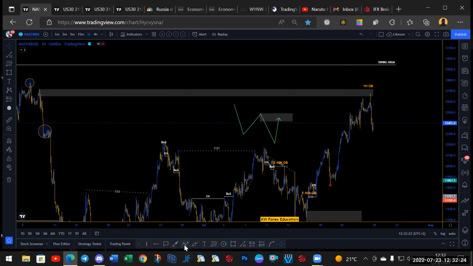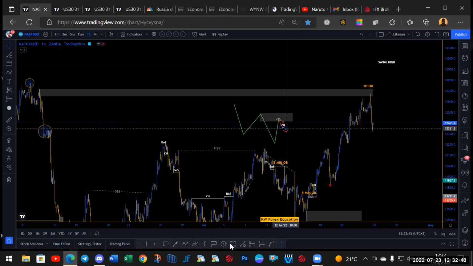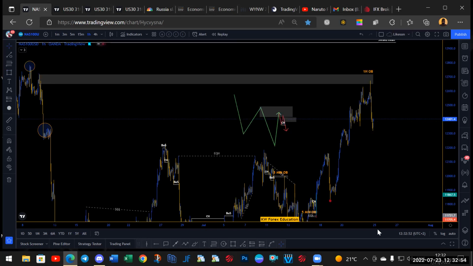On 5 minutes, you want to see something like this. So on 5 minutes, you want to see something like that, right? So when you see something like that, where you have a change of character on 5 minutes, and then when you have a change of character on 5 minutes, then you draw another order block from that 5 minutes.